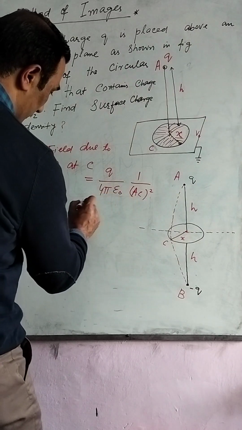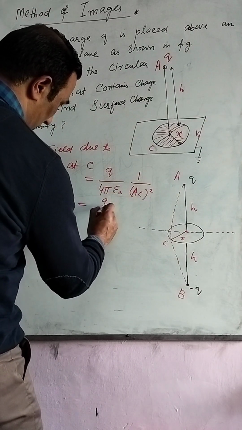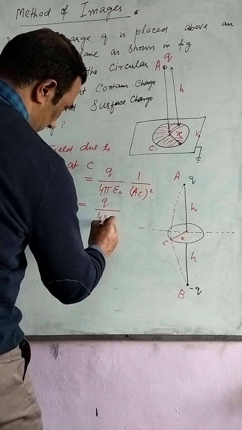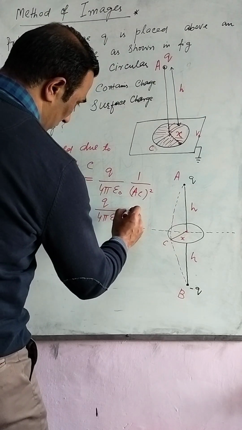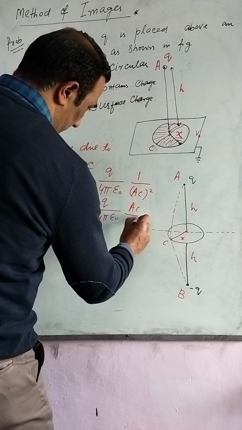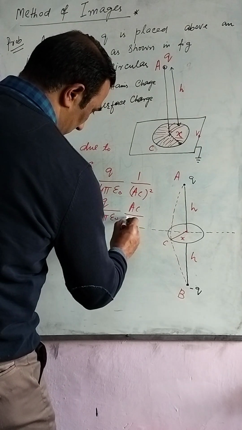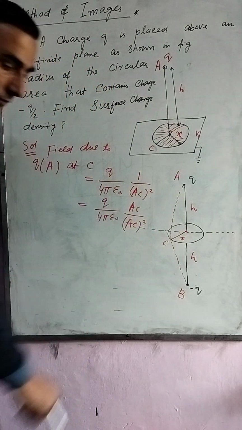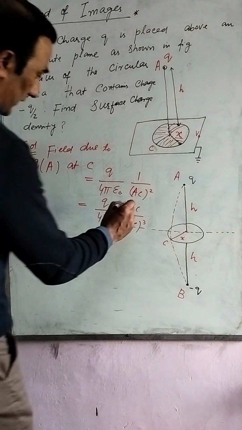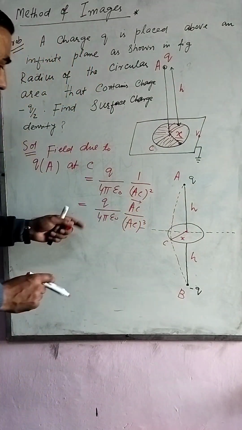Or you can write in vector notation: Q upon 4 pi epsilon naught, AC vector upon AC, because you can write in vector notation.